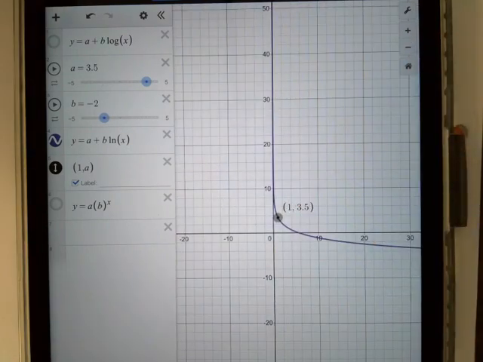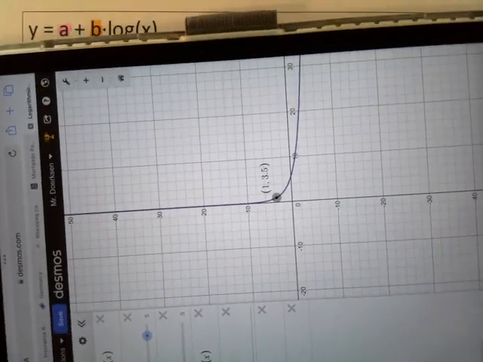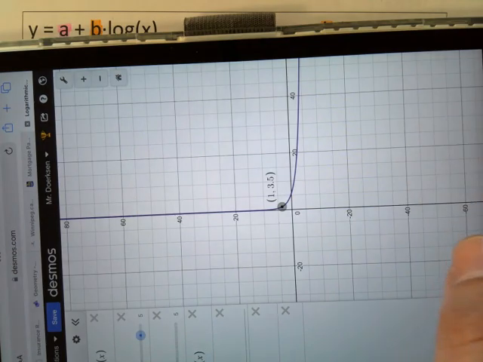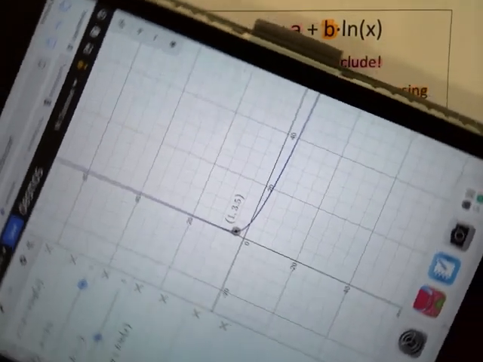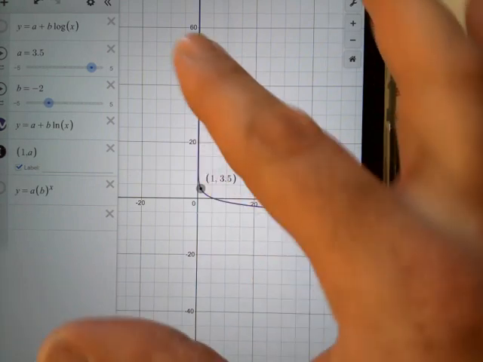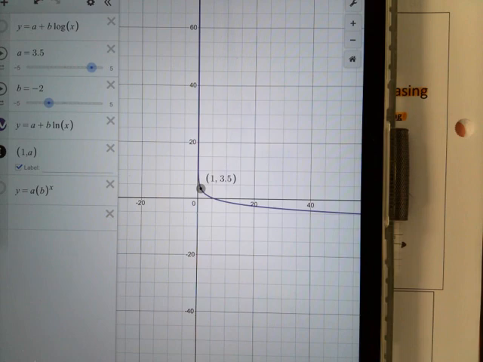Because look, we did exponentials not too long ago. This is what an exponential looks like. It's either like this or like this. A logarithmic kind of flips it on its side, so the graph is always going to be on this side of the y-axis.